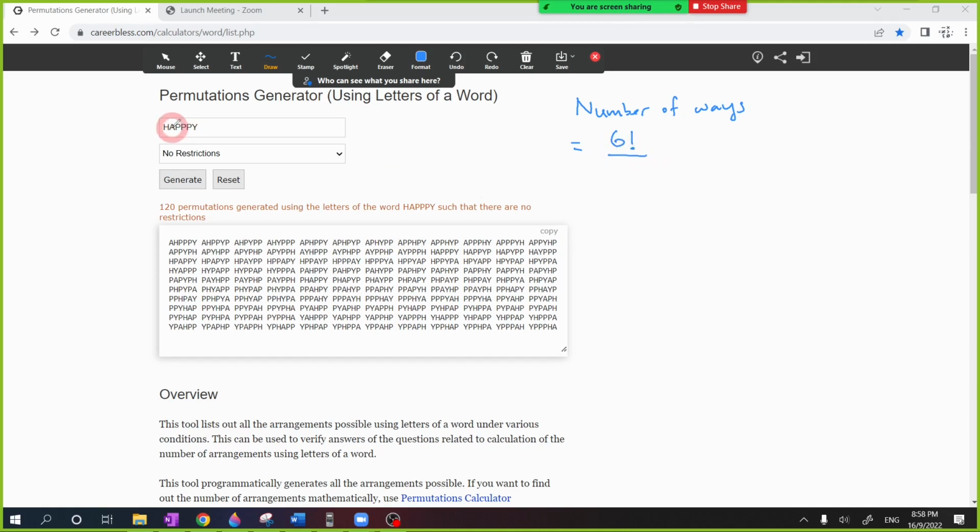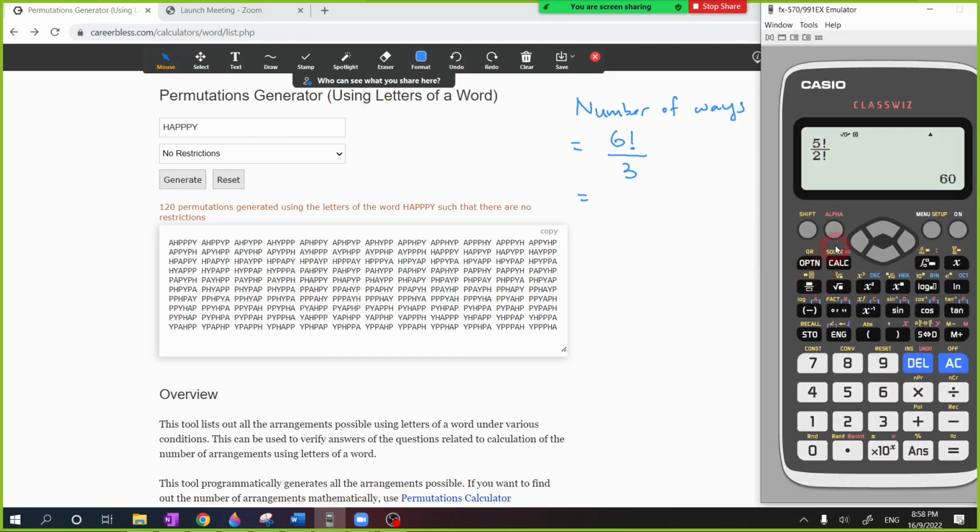And I have 3 P's, right? Divide by 3. Try to press your calculator. 6 factorial divided by 3. You get 240, which is not a correct answer. 240, this is not correct. So the correct way should be to divide this 6 factorial by 3 factorial, not 3.